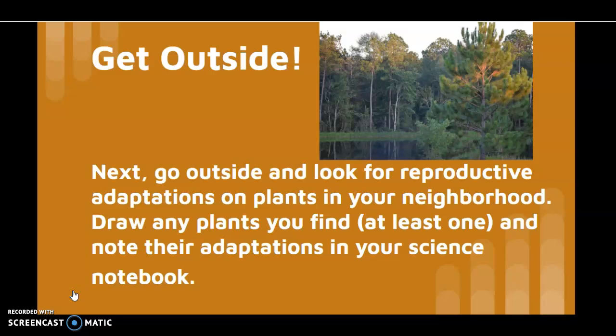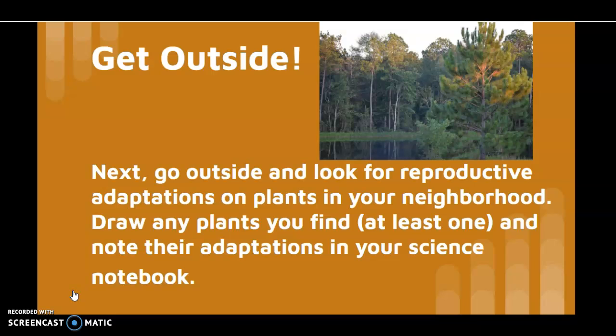Anywhere, your yard. You might have to look and really think, but you're going to be able to find at least one adaptation. You might find a plant that has many adaptations, which is cool. And I want you to either draw a picture of your plant, or you can just bring it in too, if that's easier.